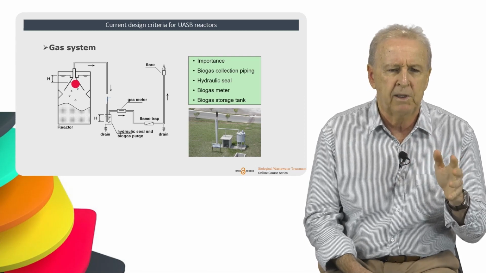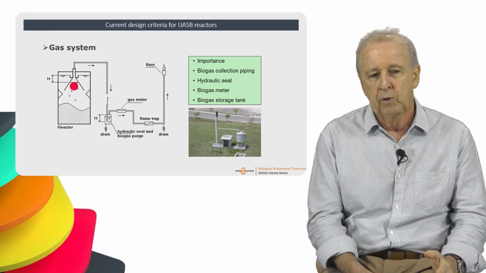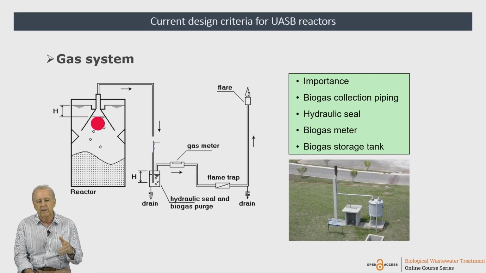From time to time, I mean sometimes a week. It's not like a sludge. A sludge you can remove every week, every 2 weeks, but the scum should be removed maybe 2-3 times a week. I'm going to talk about this in a later lecture.